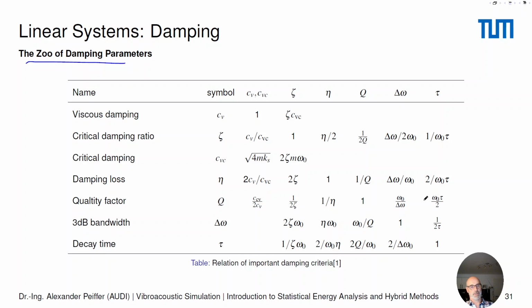And believe me, this is very important because so much software relies on different definitions of the quantities. Also consider that some of the assumptions and formulas given here assume quite low damping, so they are not valid everywhere.